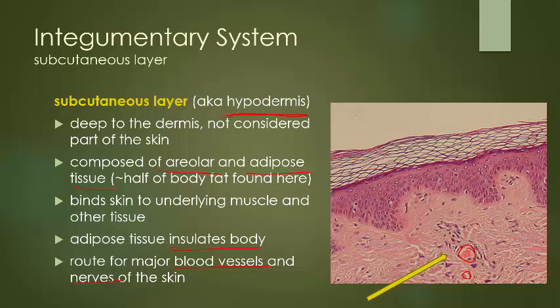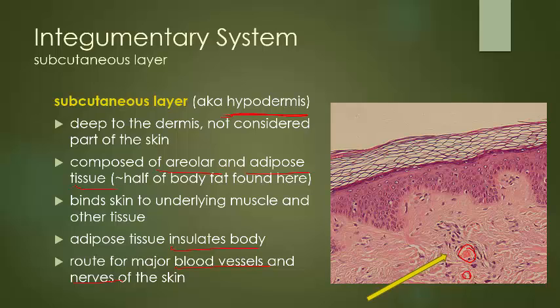Here's another blood vessel. So that brings into the body the larger blood vessels coming from the heart or returning back to the heart. These larger blood vessels come in through the subcutaneous layer, and then they branch out into the dermal layer of the cutaneous membrane.